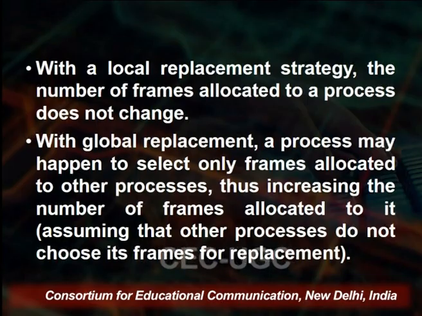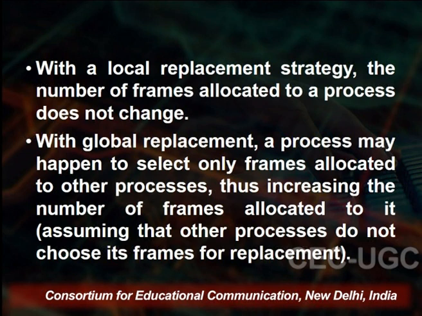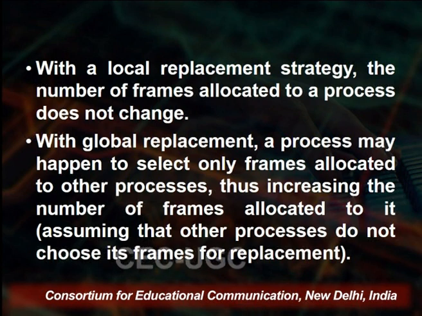So, the total number of frames in which pages are residing will be the same before swapping out as well as after swapping in. That means the number of frames allocated to a process does not change. While with the global replacement strategy, a process may happen to select only frames allocated to other processes, thus increasing the number of frames allocated to itself.